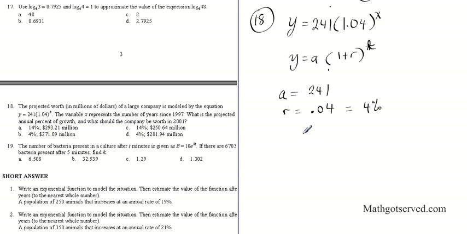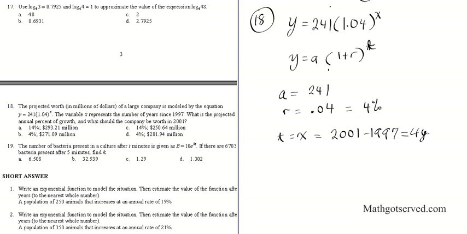And the time is equal to x. We're going from 1997 to 2001, right? So how many years is that? It's 2001 minus 1997, which is 4 years.